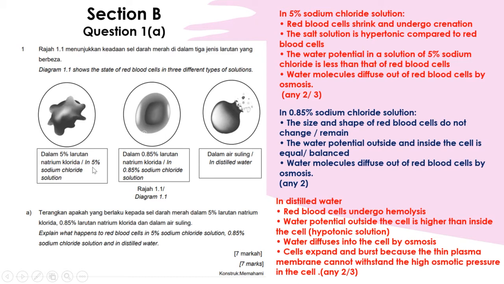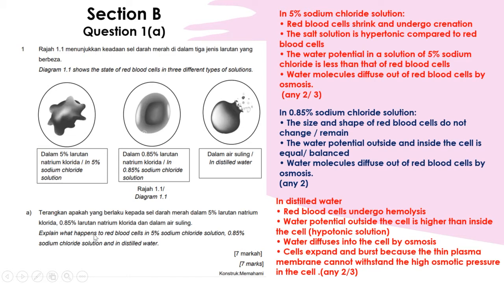This one, 0.85%, is isotonic. So these are referred to as hypertonic, isotonic, and hypotonic. Now let's go to question 1a.